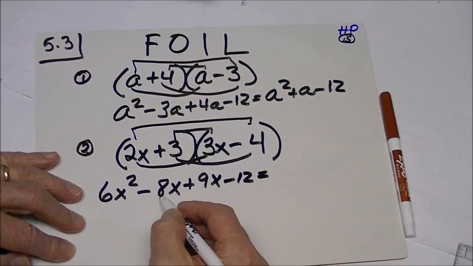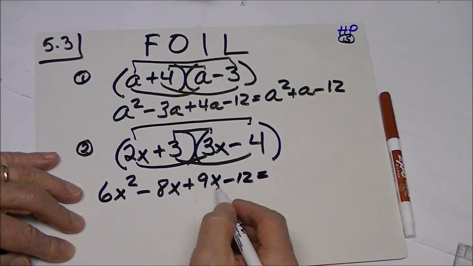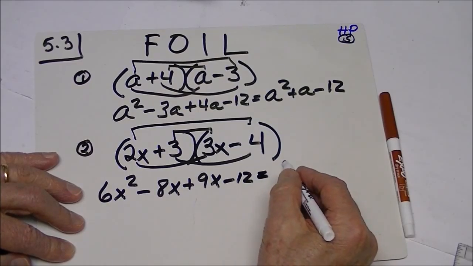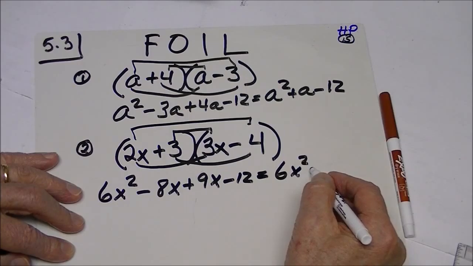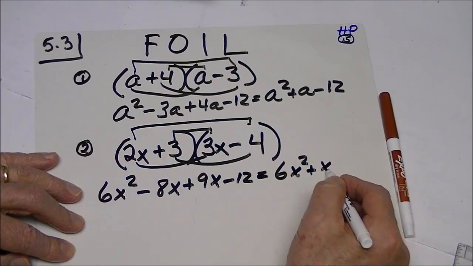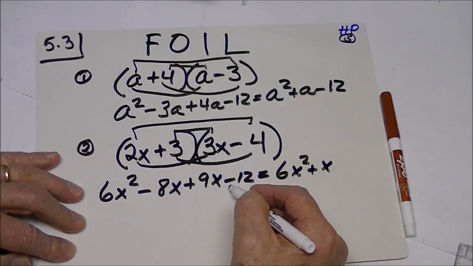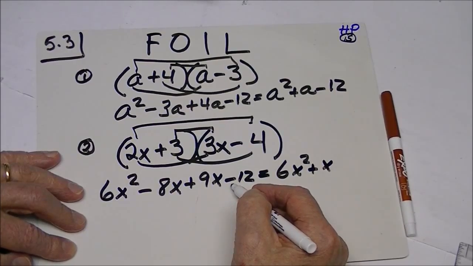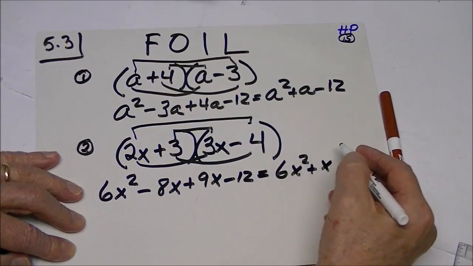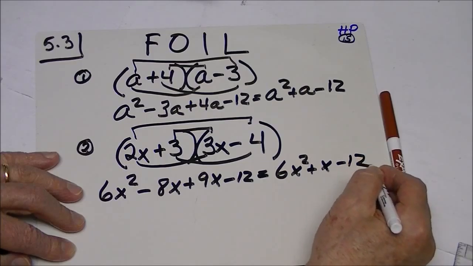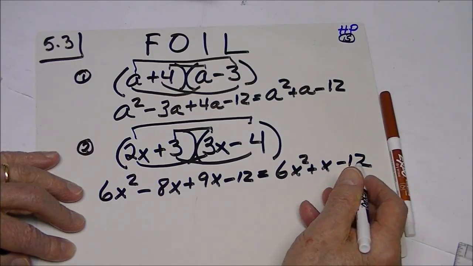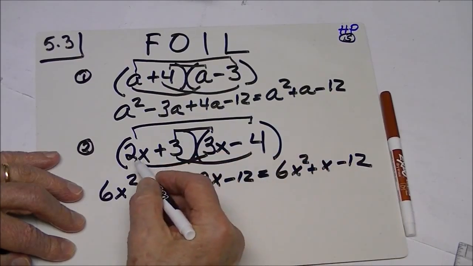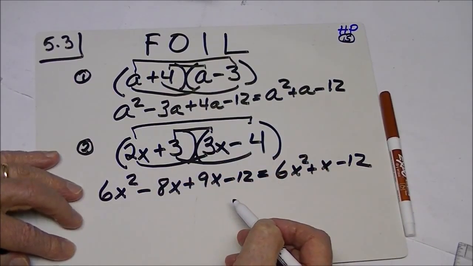Again, our two middle terms are like terms, so we end up with a 6x squared plus x minus 12. And again, this trinomial came about from multiplying two binomials.